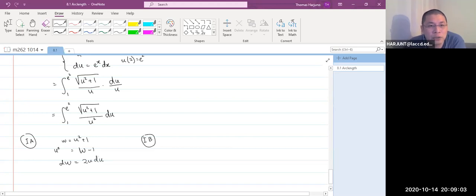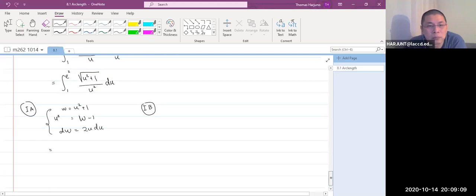I still have an issue there. It's the integral when u equals 1, this is 2, this is u to the 4th plus 1, this is u to the power of 1/2, this is w minus 1, which I don't like.